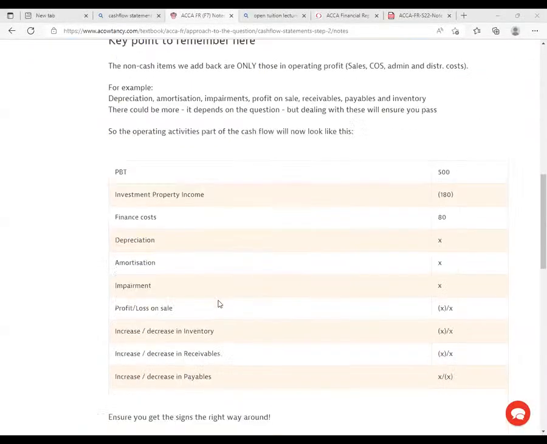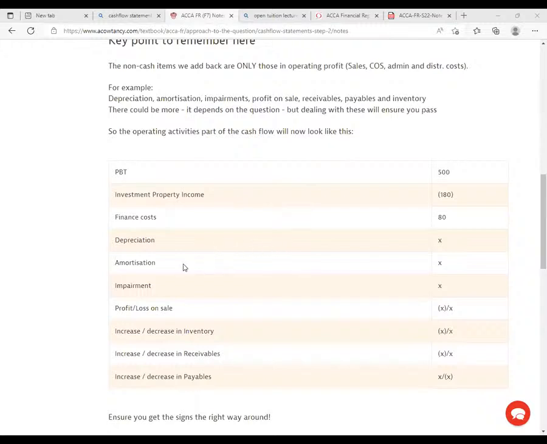which I'll be teaching you later on. Great. Now here we are. Ladies and gentlemen, you can see the format these guys have given us. They told us IAS 7: start with profit before tax. If there is any investment property income, subtract it. Finance cost, in this case, was subtracted up there, so you add it back. And if there is any depreciation, you have to add back.